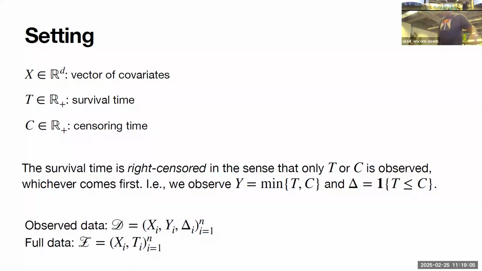The full data refers to what we wish we had observed had we been able to prevent censoring. And that's, of course, X and T. So if I observed X and T, then I could just rely upon standard conformal prediction or any other prediction algorithm that's available. So the issue here is how do we deal with this censoring mechanism?